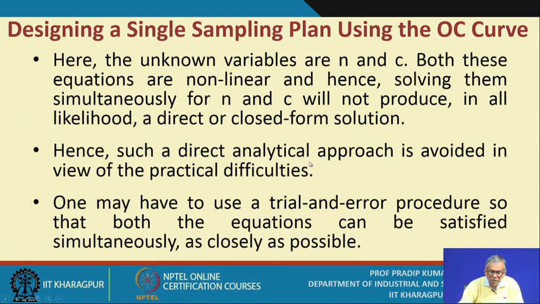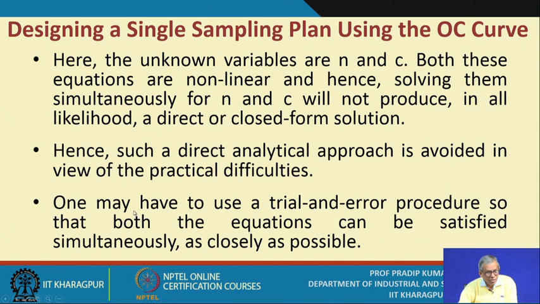Hence such a direct analytical approach is always preferred, but in this case what you observe is that the analytical approach may not lead to a closed form solution. So in this particular context a direct analytical approach is avoided in view of the practical difficulties.